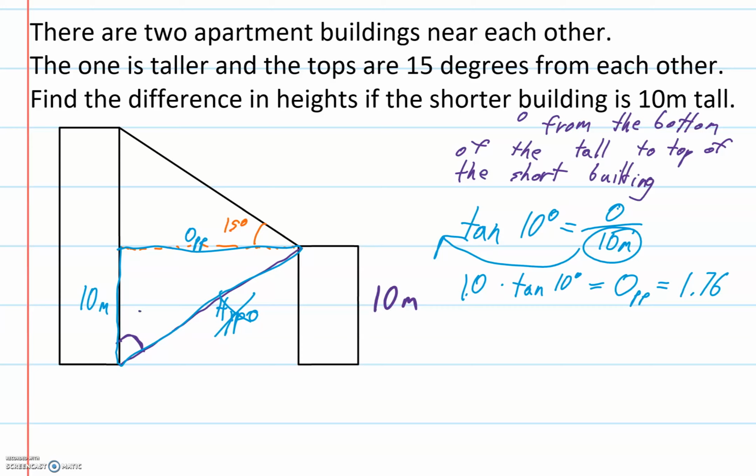This should be like... No, this should be 80. Should make that 10. So this would be 10. That would be 80.